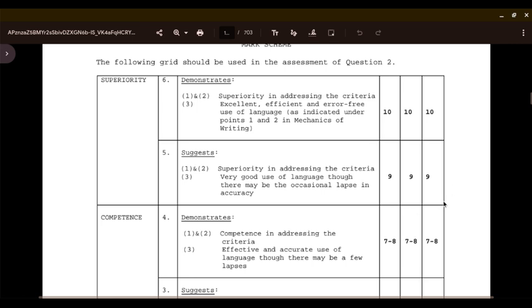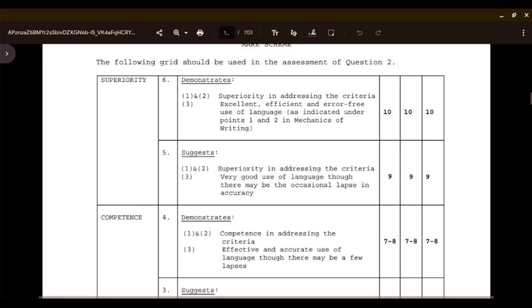Language is very easy to discern. You're going to get a level 6 language score if you have no errors. I think errors is key here, because from level 3 you should already be using effective and accurate language. Your effectiveness and accuracy really improves at level 6.